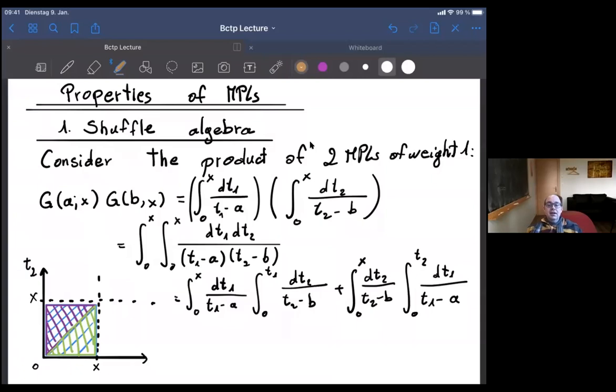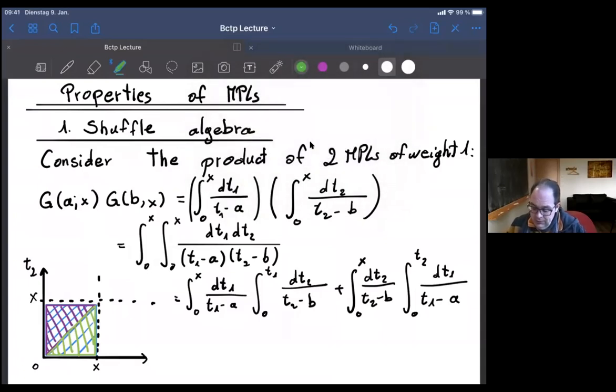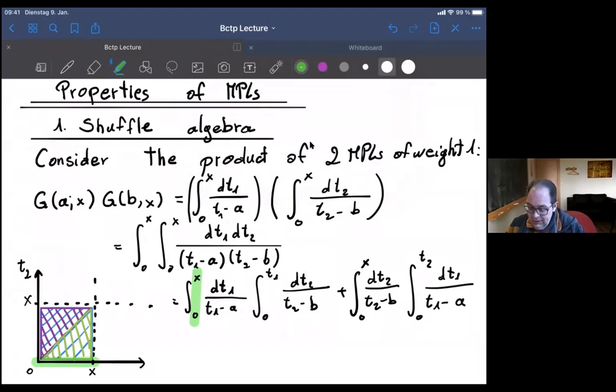If you take the green triangle, that would be the one where you integrate from 0 to x in the t1 direction, and from 0 to t1 here. And the other one would be where you integrate from 0 to x in t2, and from 0 to t2 in the other direction. Okay? So that is how I can split up my integral.